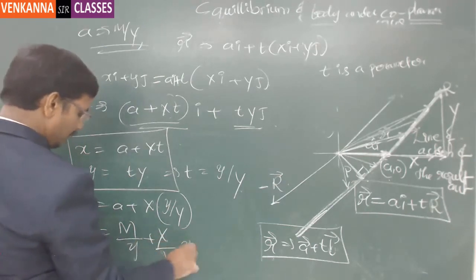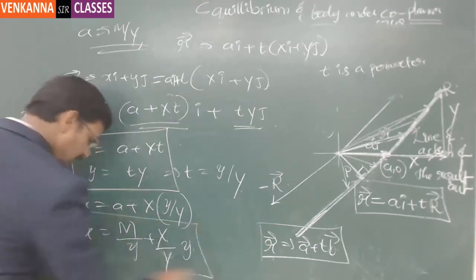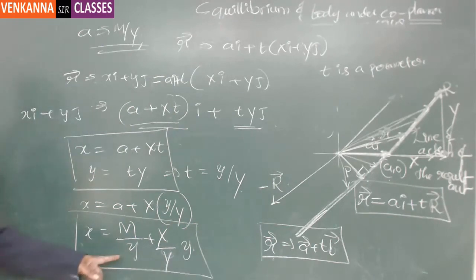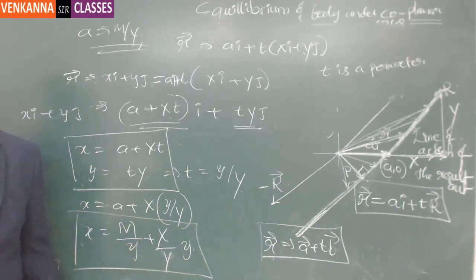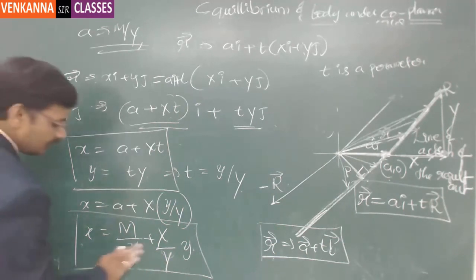So this is the equation of this straight line. Don't you notice that this is in y is equal to mx plus c format, or x is equal to my plus c format? Got it? So X and Y are the known force components, and m is the moment. This is capital Y.